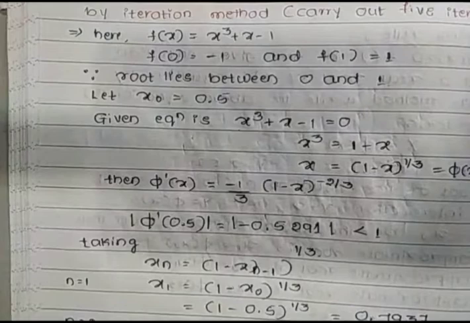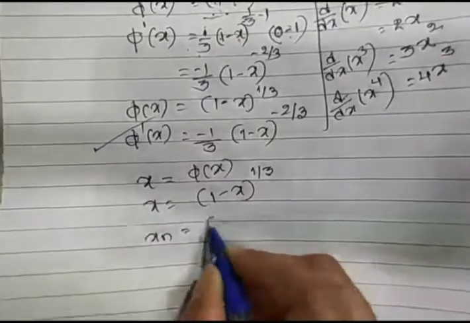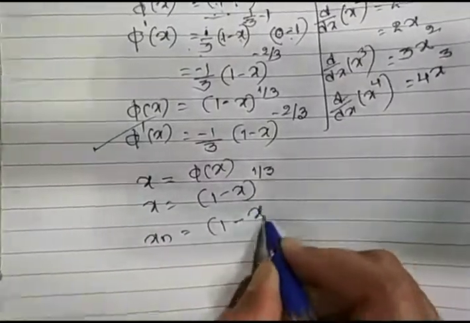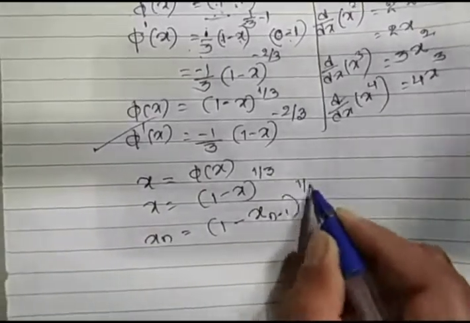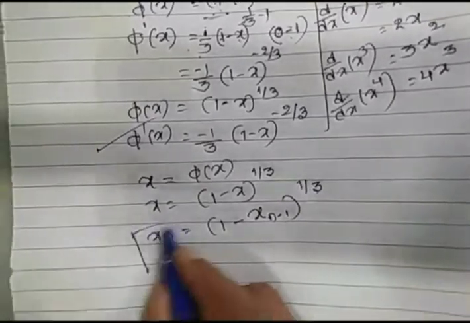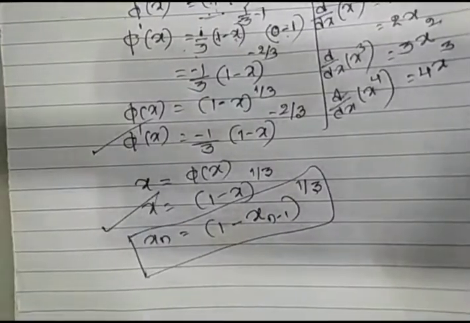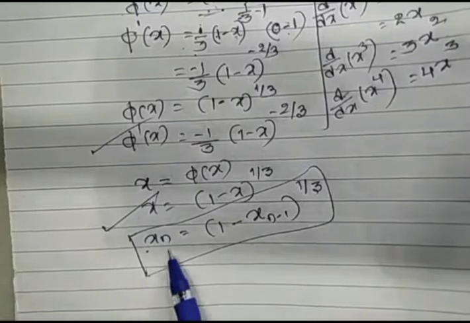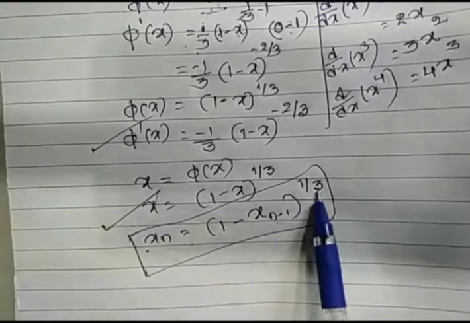We can write it in the general form: xn is equal to (1 minus x n minus 1) raised to 1 by 3. This is our general form of x is equal to phi of x.